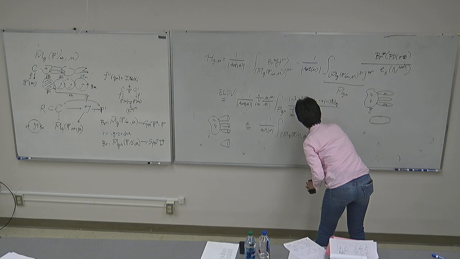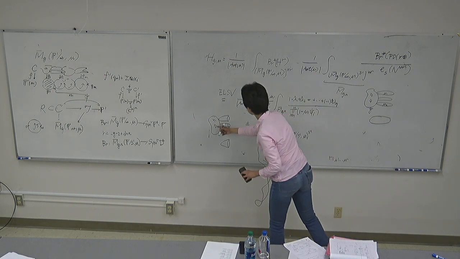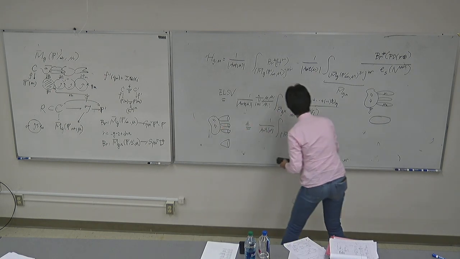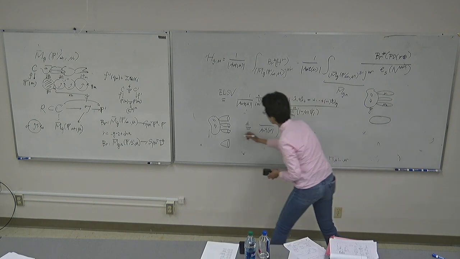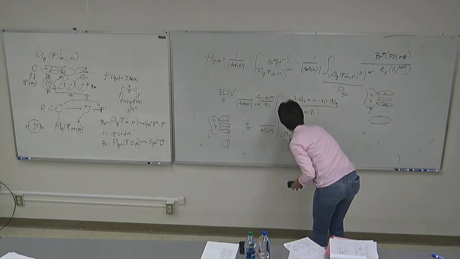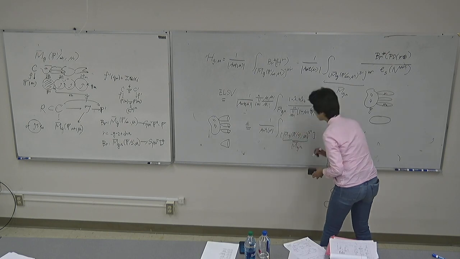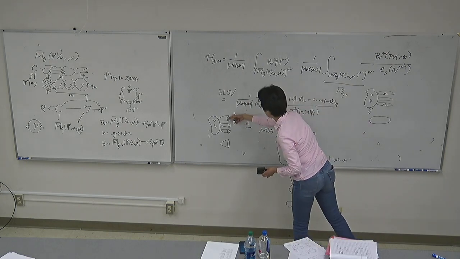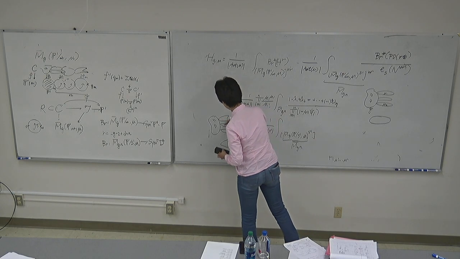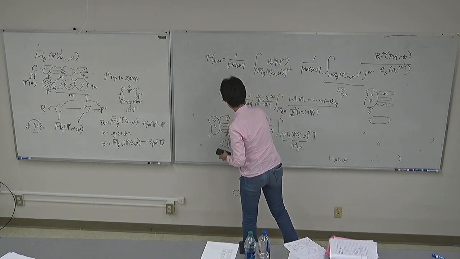Yeah, I think because here the fixed point is this, so the fixed part is also a copy of M bar Gn, up to some automorphism of this bubble.